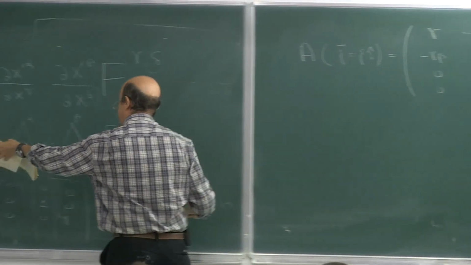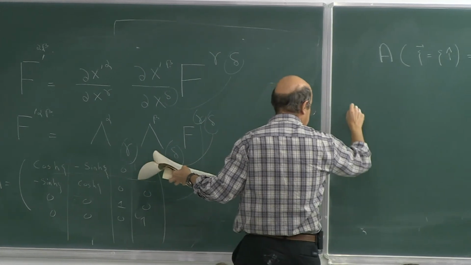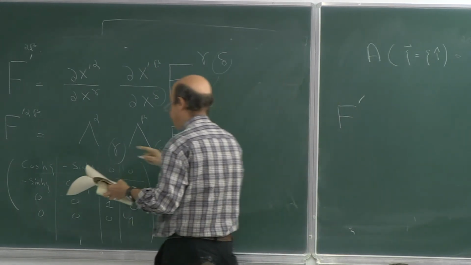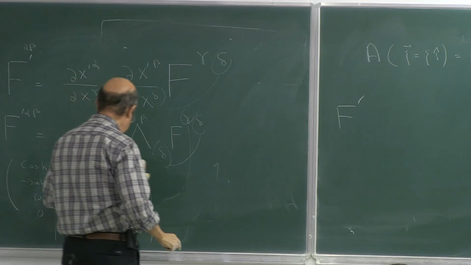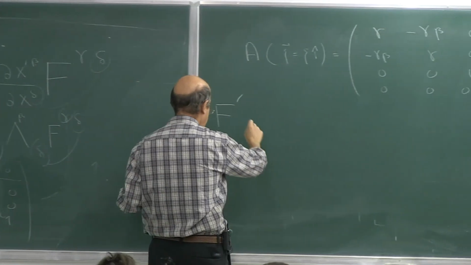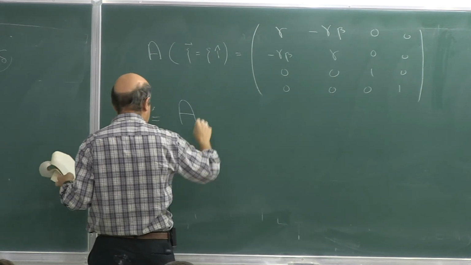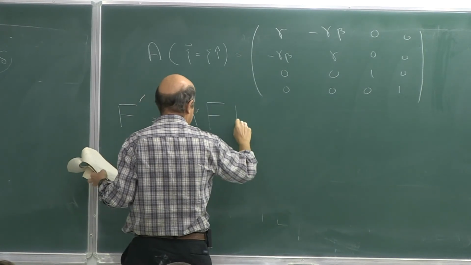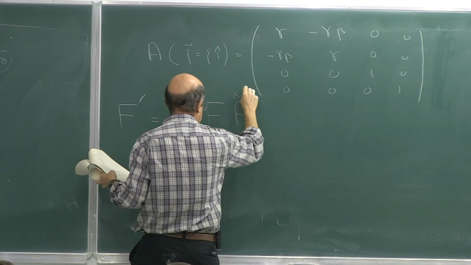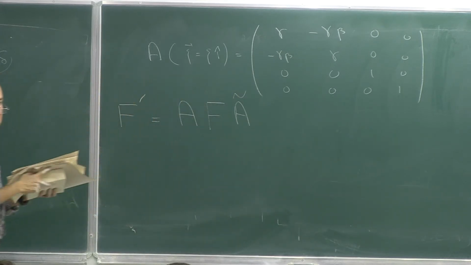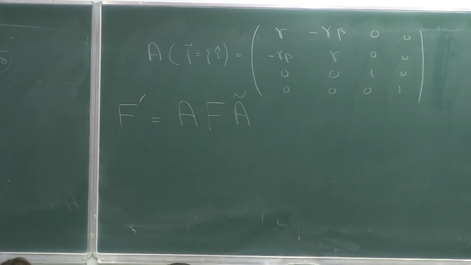I will call this F prime, and I will do this next time. F prime is equal to the boost matrix times F times A transpose.